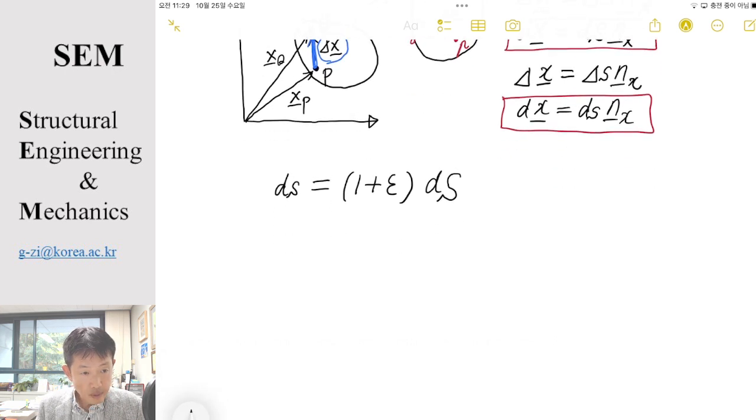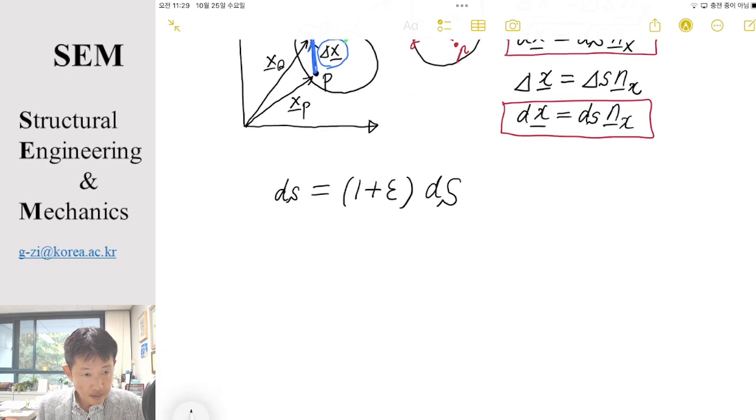Then because this is given as a vector, its length can be measured as the square norm of a vector. But handling the square root is not that convenient. Instead of handling the square root, I'd like to compare the change of square norms.